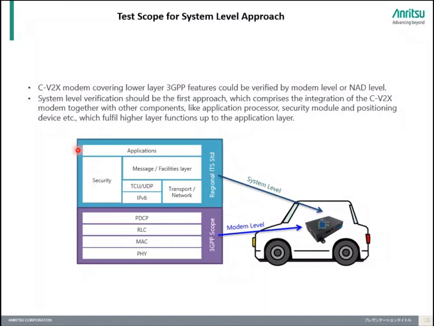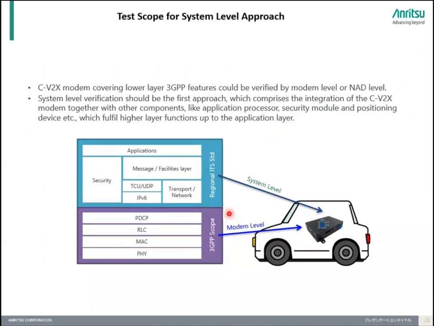And then another main testing that you would have to do is where you are simulating various road scenarios, and you are checking if all the ITS messages that are being sent from one vehicle to the other vehicle are in line with the specifications or not. We call this system level testing or application level testing.